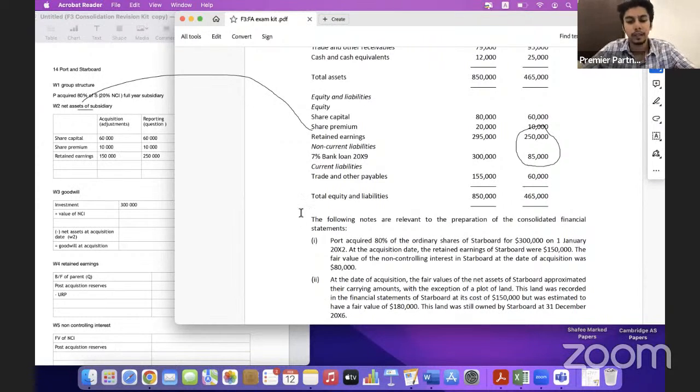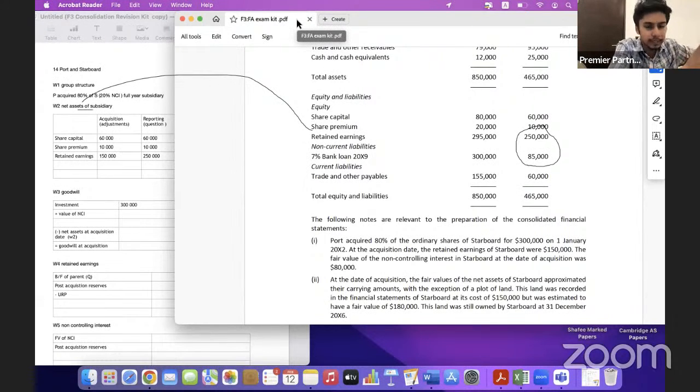Right, now what happened here? At the date of acquisition, the fair value of all the net assets of Starboard, with the exception of a plot of land, was recorded at cost, but it had a fair value of 180. Now, usually when you go to buy a company, first of all, we need to value the company.